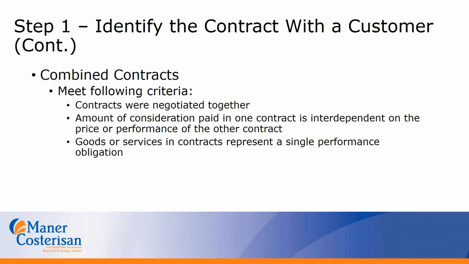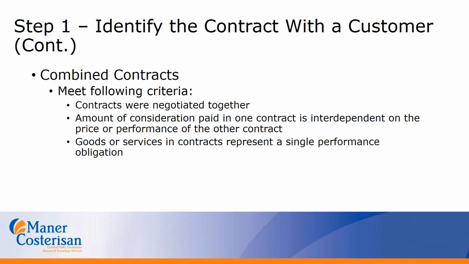The good news is FASB has taken this into account and allows in the accounting standard an option for the entity to apply the portfolio approach or practical expedient to determine and account for contracts with customers. And in addition, if a customer has several contracts that have been entered into at the same time and meet certain criteria, they can be combined or accounted for as one contract.